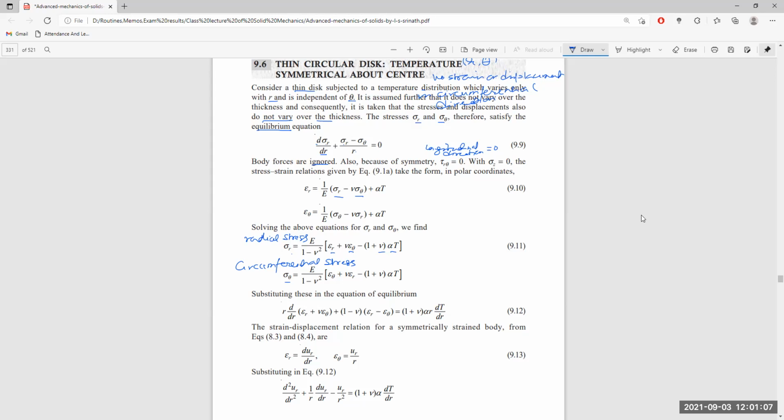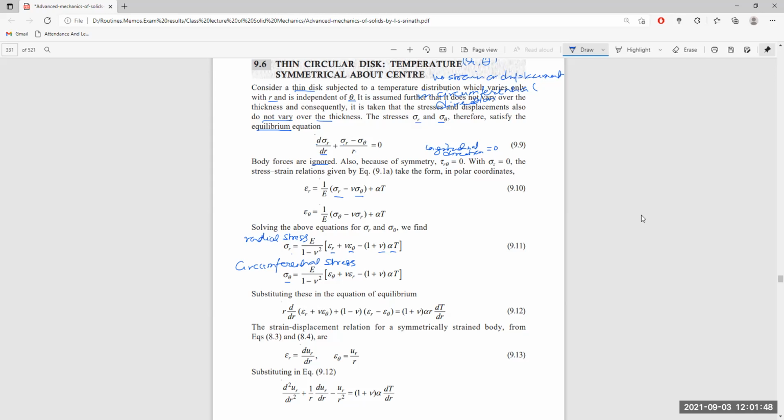If we put sigma r and sigma theta here, they cancel each other, and this portion with 1 minus mu into epsilon r and epsilon theta remains here. Meaning epsilon r minus epsilon theta into 1 minus mu is available. This will be equal to 1 plus mu into alpha into delta T divided by delta r itself. So this portion will be under the derivative, and after differentiation it will take this particular form itself.